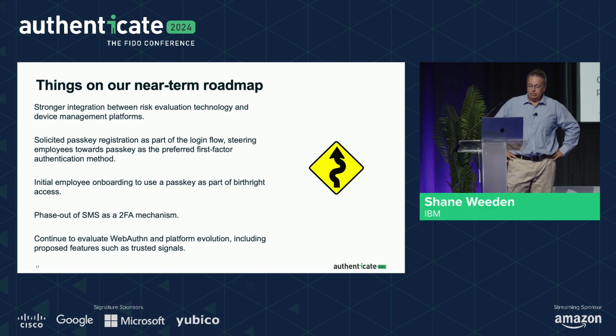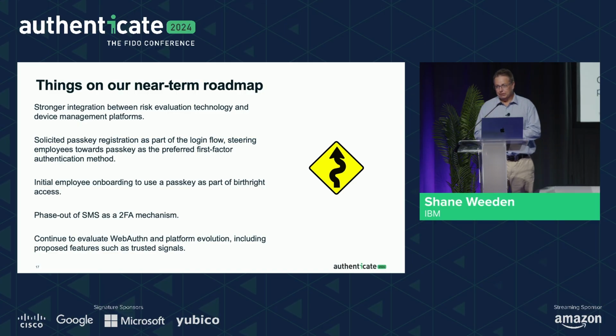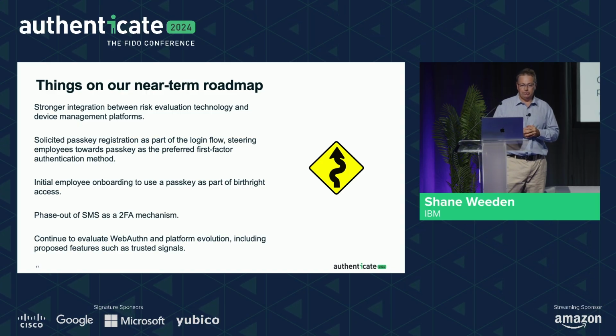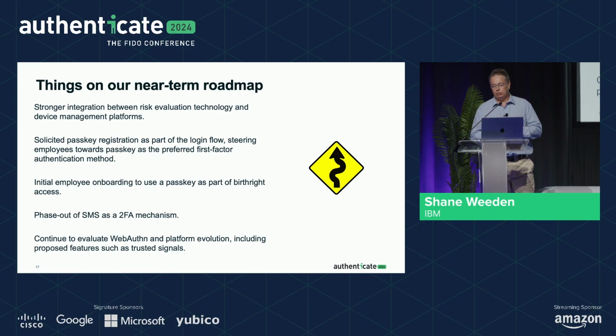TOTP has caught up a lot there in terms of being an independent second factor, but SMS is on the nose, right? We know it's not recommended. We know it has cost associated with it, all of those sorts of things. So there is a strong desire in our organization to phase it out. And we kind of need to move everyone to passkeys as a first factor in order to do that.